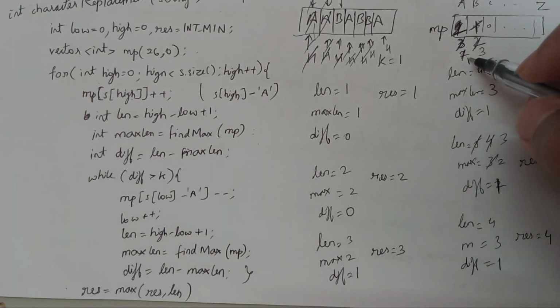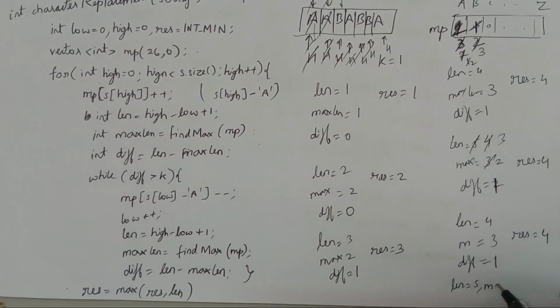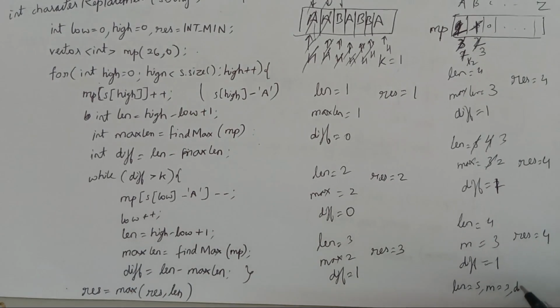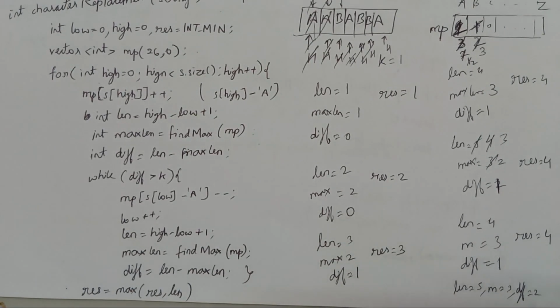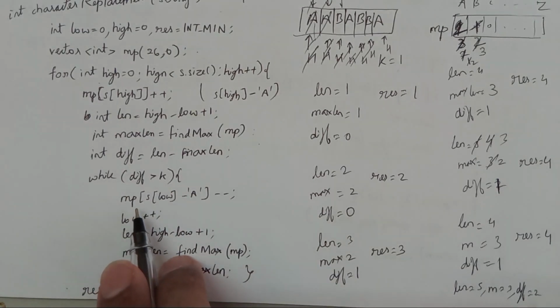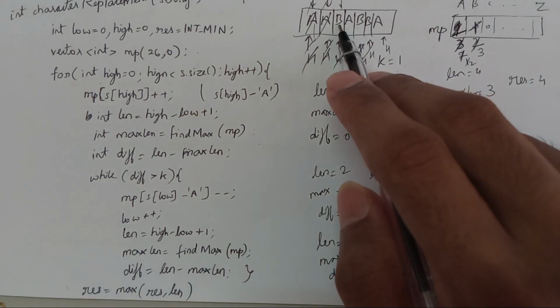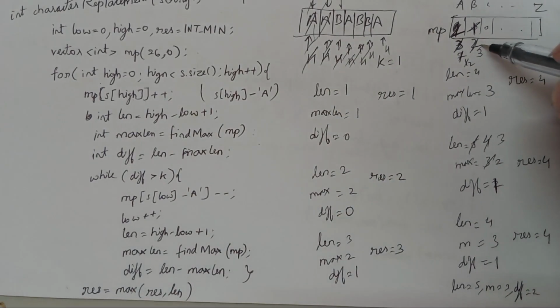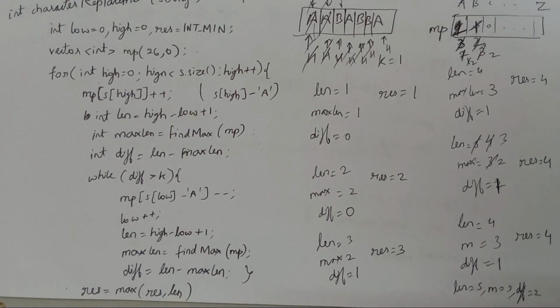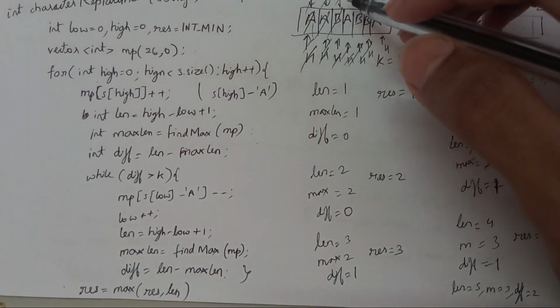is updated to 2. Now length is equal to 5, max length is 3, difference is 2. If difference is 2, then 2 is greater than 1, so mp of s of low minus minus, so again reduce this B, so B value becomes 2, and low plus plus, so low is moved here.